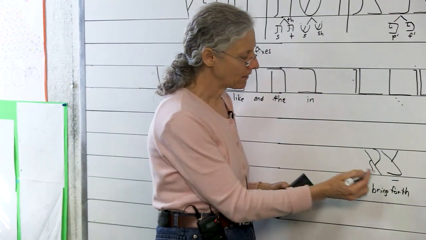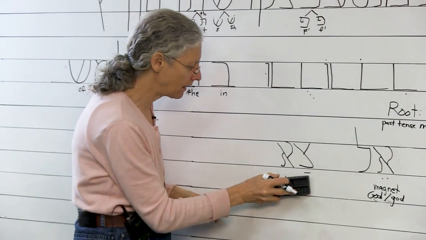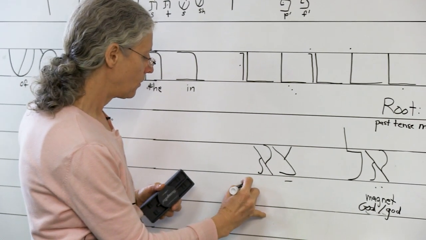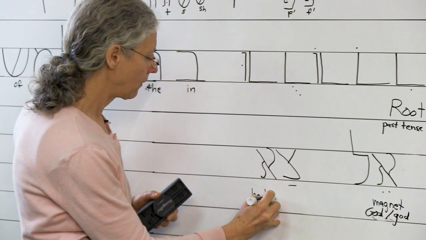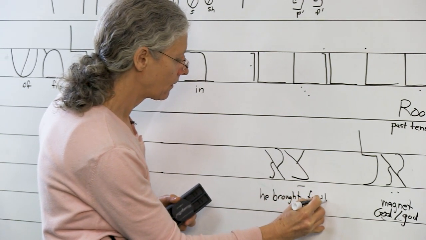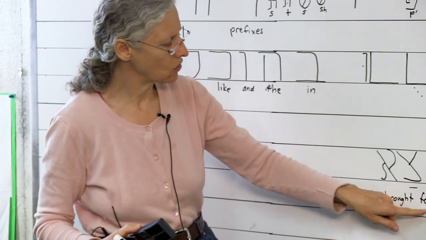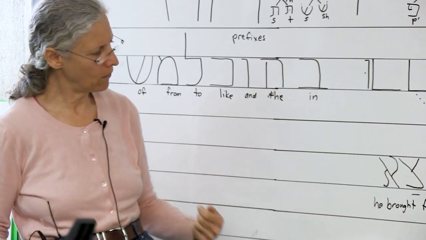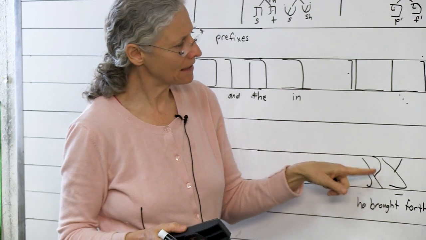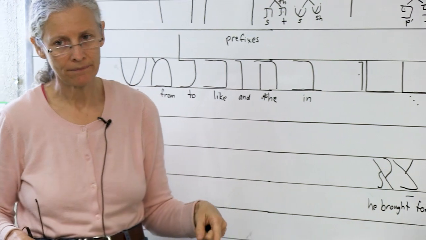So let's go back to this. Tsa means bring forth, or he brought forth would be the past tense masculine singular verb. So he brought forth. What does it mean to bring forth? To me, bringing forth means there's some force, there's some strength there. And bringing forth, it's pulling with some strength, okay? So the past tense masculine singular verb form means he brought forth, tsa. Okay?